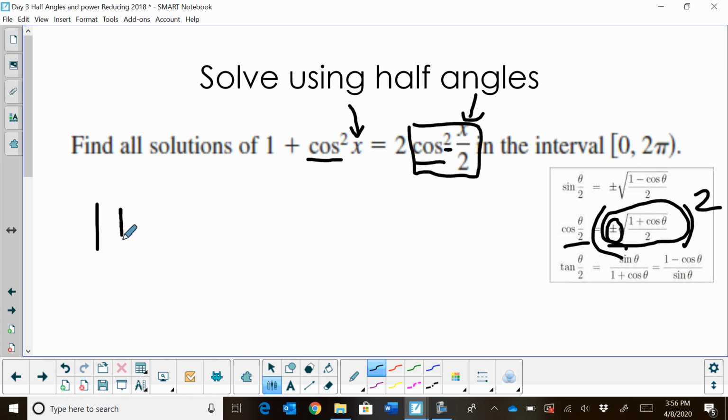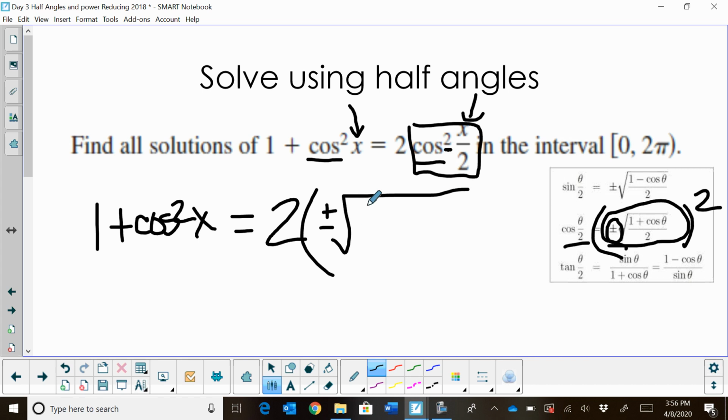So I'm going to plug in 1 plus cosine squared x. So there's my left side, I'm just bringing it down. And then I'm going to have 2 times my half angle formula, which is plus or minus the square root of 1 plus cosine theta all over 2. And then this square means I'm going to square that formula.